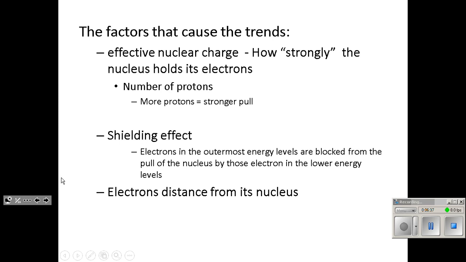Now, the farther an electron gets away from its nucleus, of course, the less attraction it's going to have. We spoke about this the other day regarding electrons and attraction when they are farther away from their nucleus, just like a long-distance love relationship. The farther away you are, the harder it is to stay attracted. So the greater the distance, of course, the less attraction there is. So electrons in an atom that are at energy level 7 are less attracted to their nucleus than the electrons that are at energy level 2.